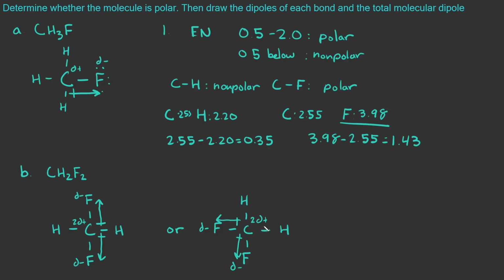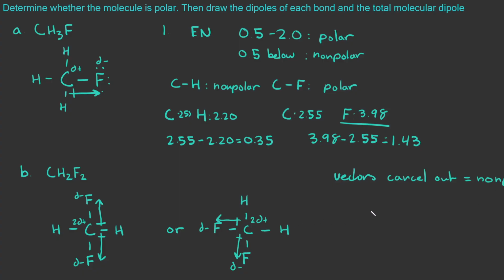Our job is to figure out, are these polar or nonpolar? Remember, if their vectors, or these dipoles, cancel each other out, then they are nonpolar. So if vectors cancel each other out, that equals a nonpolar molecule.